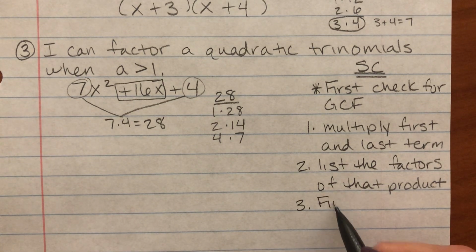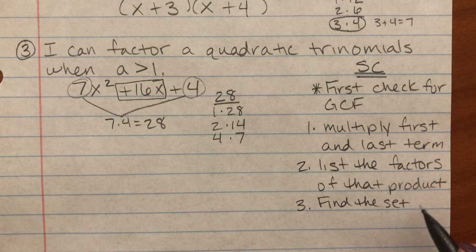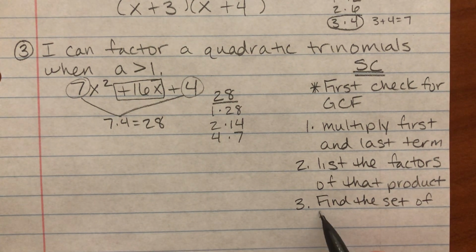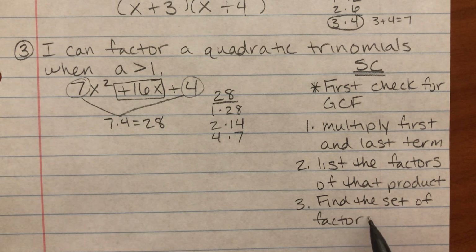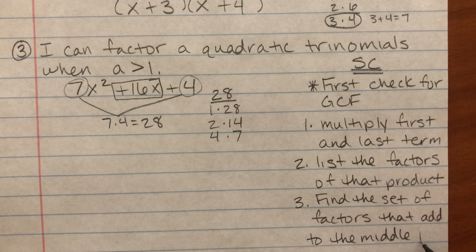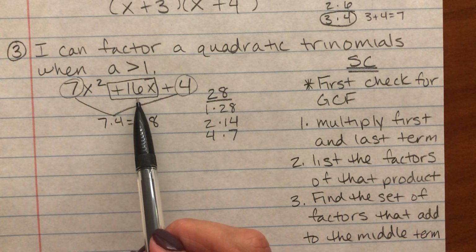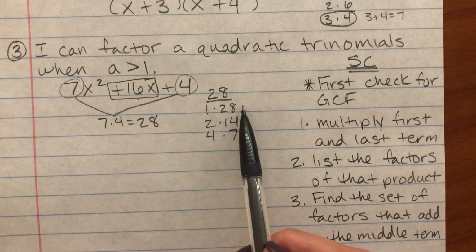So find the set of factors that add to the middle term. Okay, so my middle term is 16. 1 plus 28 is 29.